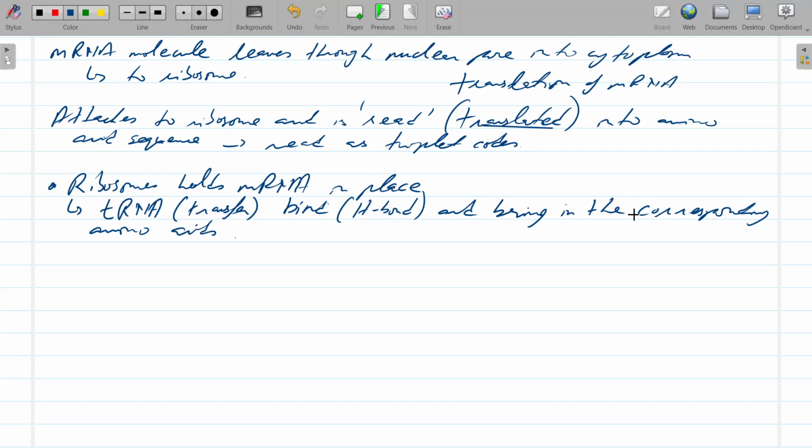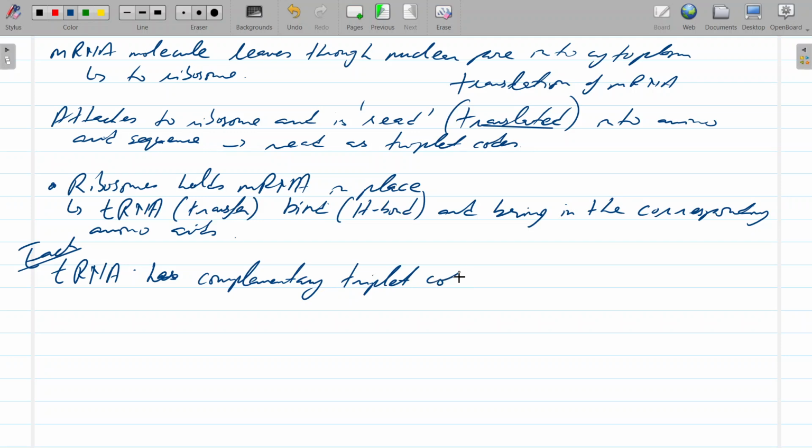So the structure of the tRNA is unique. You can take a look at it in your textbook, but the tRNA molecule, right, has a complementary. So there are several tRNA molecules, right? And so each tRNA molecule has a complementary triplet code, right?